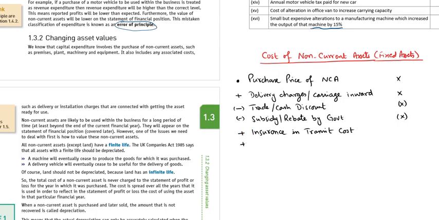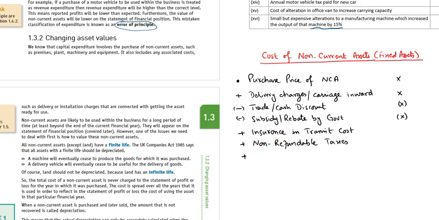Then there are non-refundable taxes. Insurance cost we have already taken.